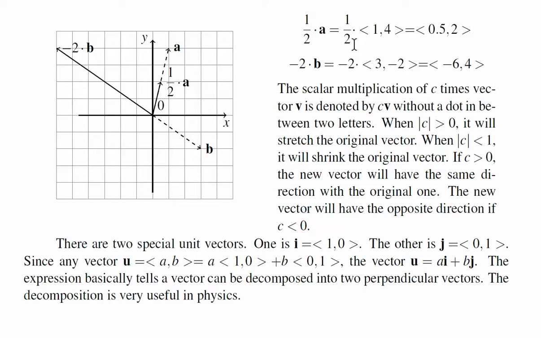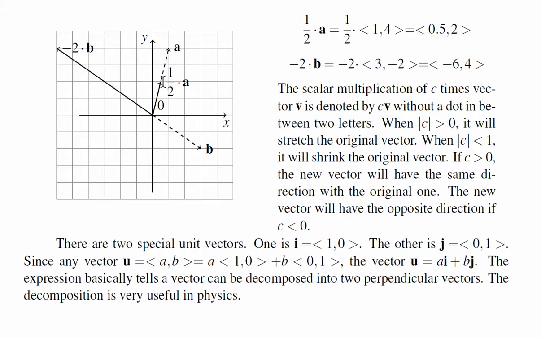So we will have 1/2 times 1, which is 0.5, and then 1/2 times 4, which gives us 2. So 0.5, 2 will be here.